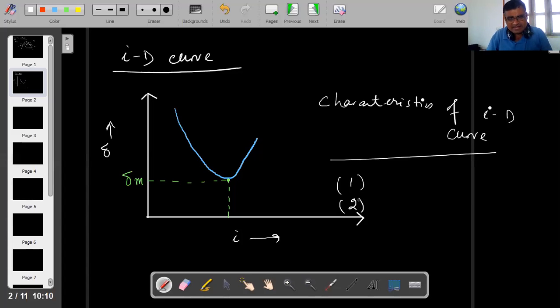On increasing angle of incidence, deviation goes on decreasing.